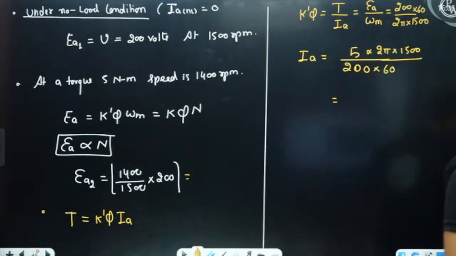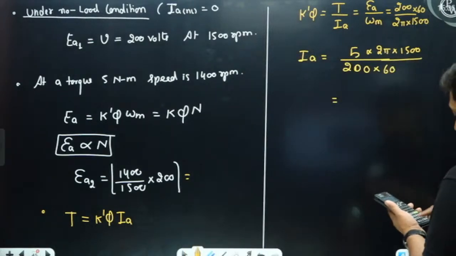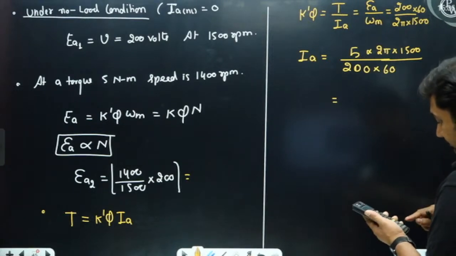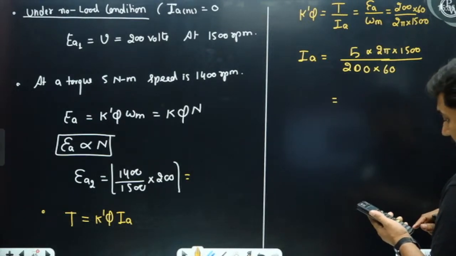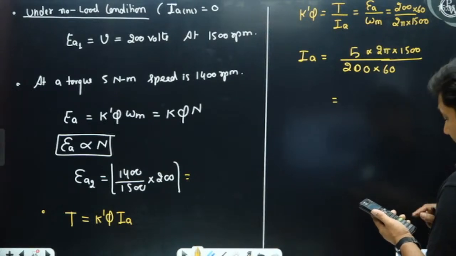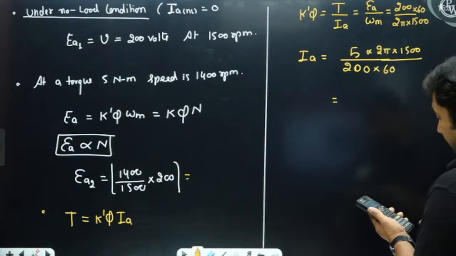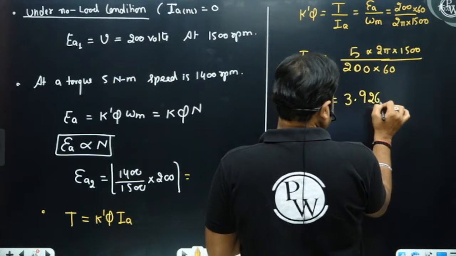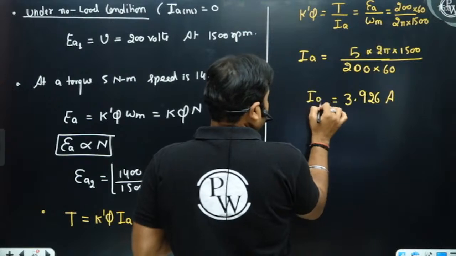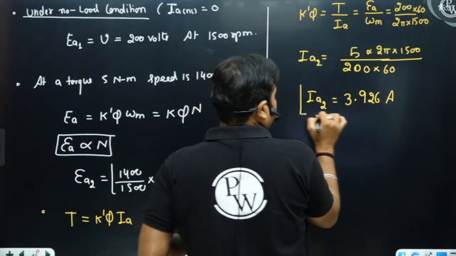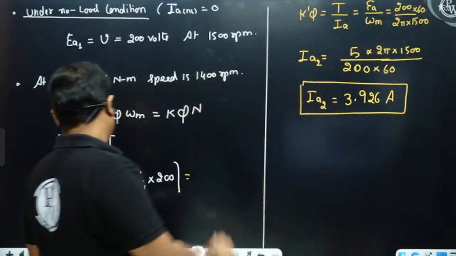So 2 pi into 1500 into 5 by 200 divided by 60 gives 3.926 ampere. This is your armature current when producing a torque of 5 Newton meter.